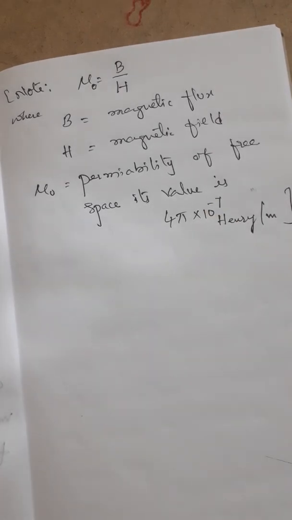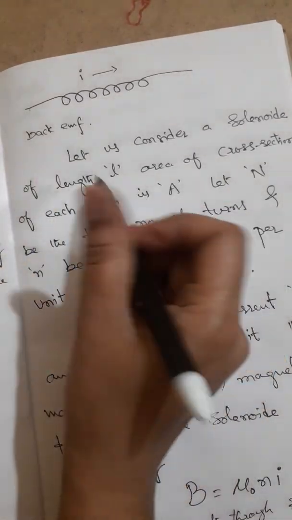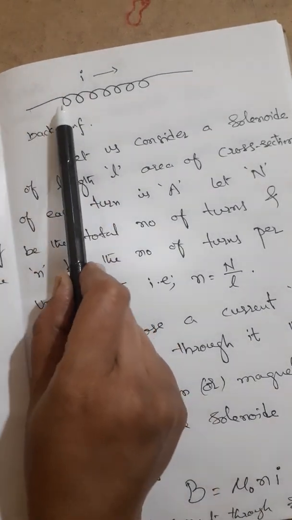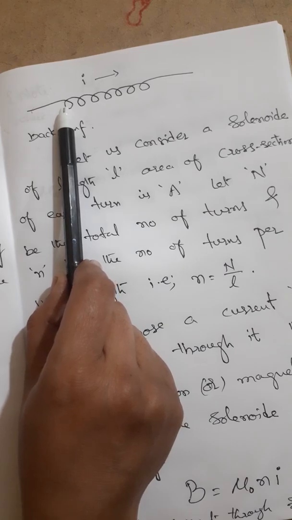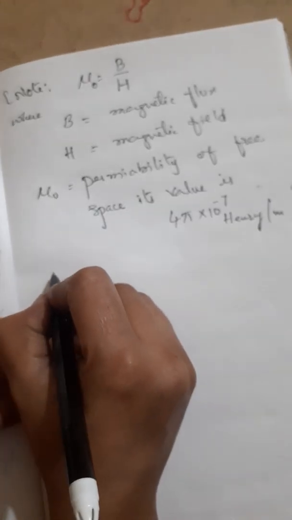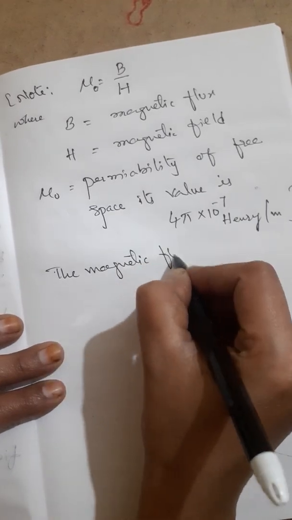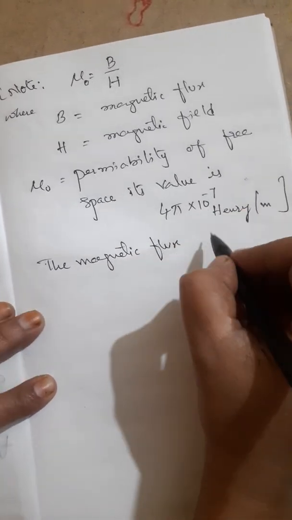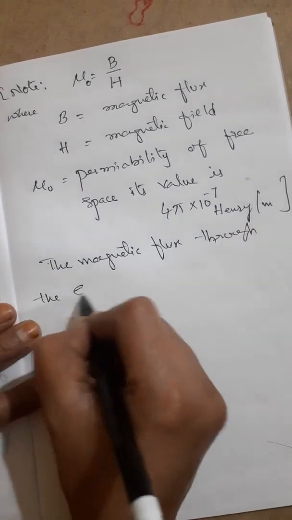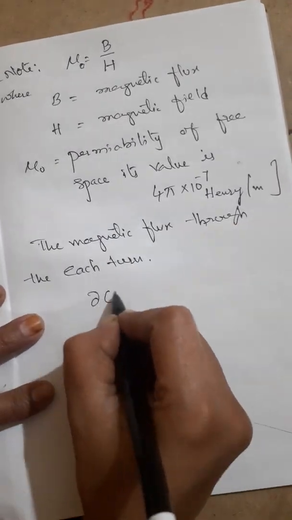So to calculate the self-inductance of a solenoid, first of all we have to consider one small turn. What is the flux through this small turn? After that we will calculate for the whole. For that purpose, the magnetic flux through each turn can be written as d phi.